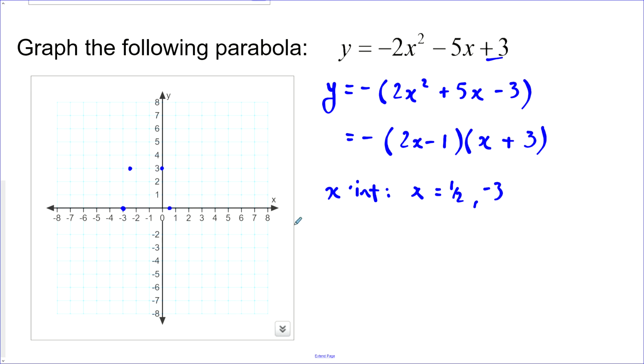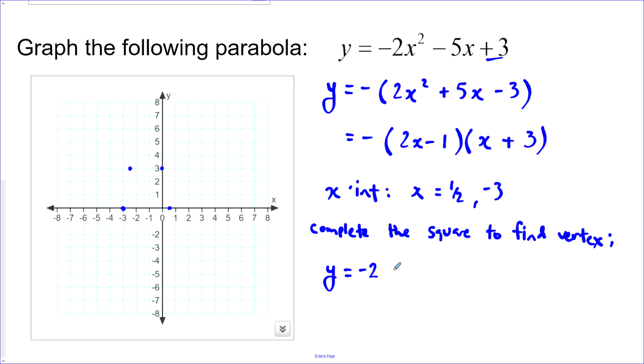That's a bit messy, so I'll complete the square to find the vertex. But you could use a graphing calculator or use the method we did first, find the point halfway in between, and use that in the equation. Okay, so first when we complete the square, we want to factor out the leading coefficient, and that becomes the bouncer in the front.